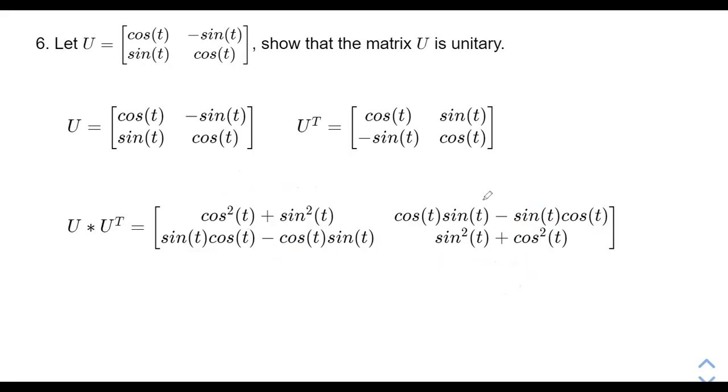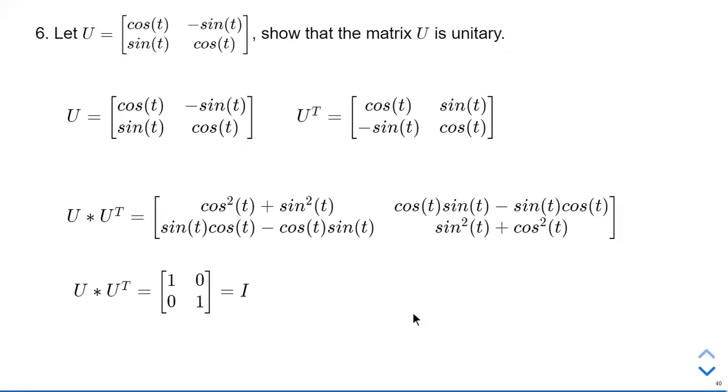Remember t can take values from 0 to pi, but we don't care what value t takes. We simply substitute t, and we show that it is in fact a unitary matrix. It gives me an identity matrix as a result, so it's going to be 1 0 0 1.